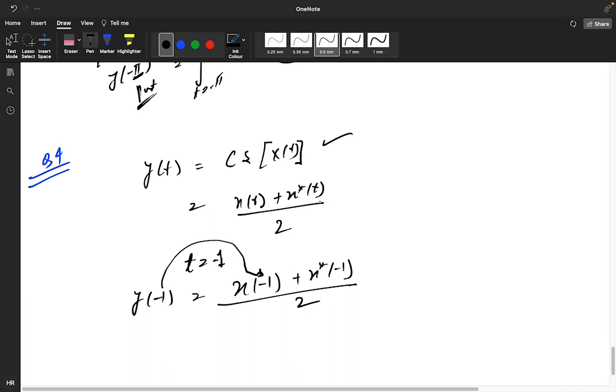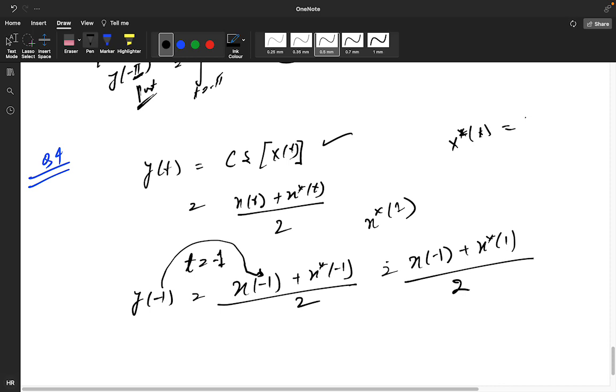So if you put t equal to minus 1, x conjugate of minus 1 will give you x conjugate of 1 only. So x of minus 1 plus x conjugate of 1 by 2, because x conjugate of t is equal to x conjugate of minus t.